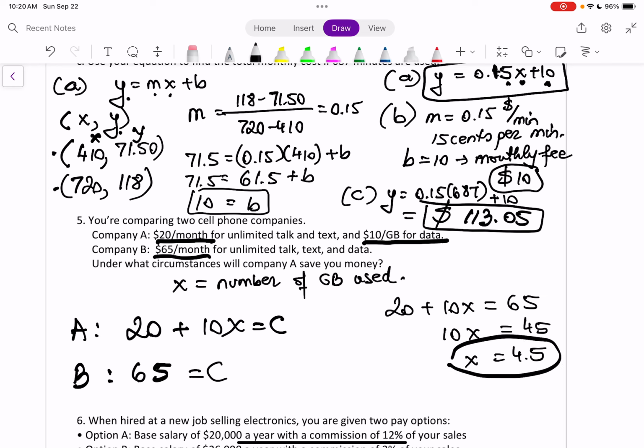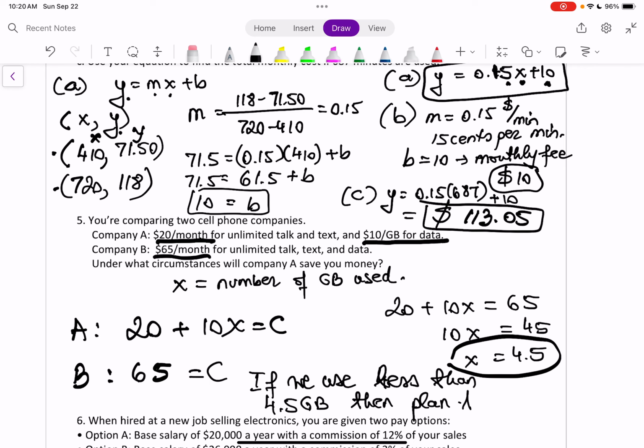So if we use less than 4.5 gigabytes, then plan A is better, because then you won't pay as much, yes? But if you think you're going to use more than 4.5 gigabytes, then you should go with a flat $65 a month for unlimited data, right?